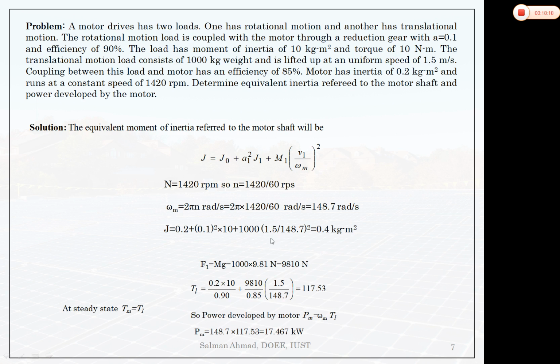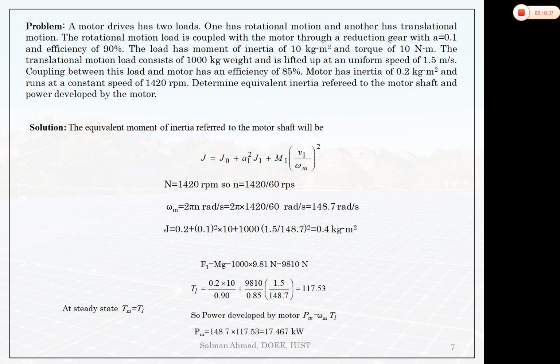Then V1 speed is given, 1.5 meter per second. Then omega m we have computed as 148.7 radian per second, square that. So we are getting 0.4 kilogram meter square as the equivalent moment of inertia of the whole system.